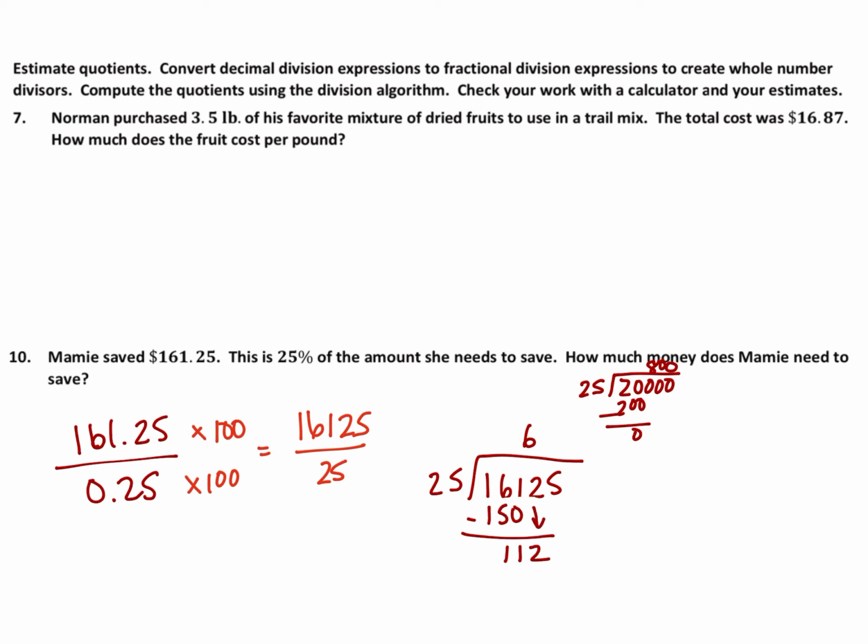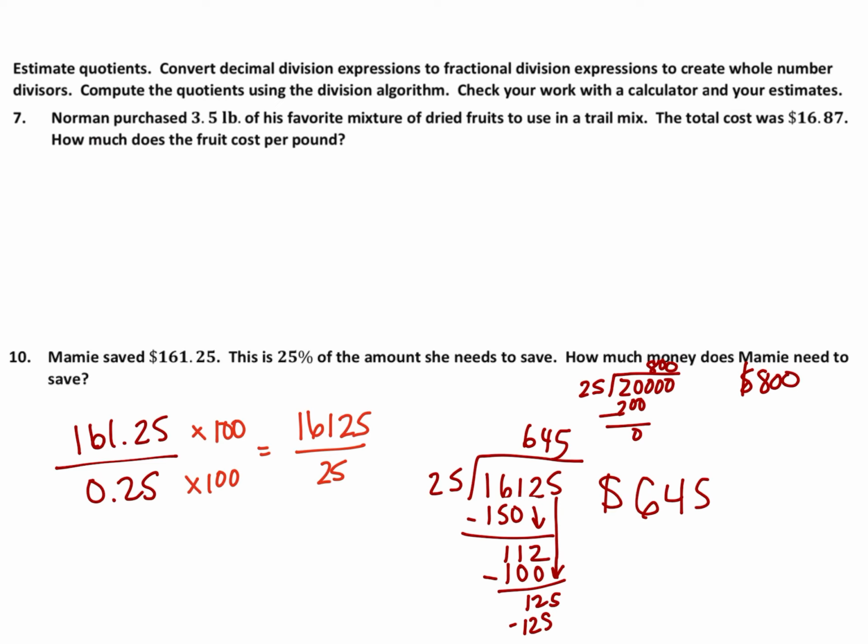Then you bring down your 2. 25 fits into 112 4 times, with 12 left over. Bring down the 5. 25 fits into 125 exactly 5 times. So our answer would be $645.